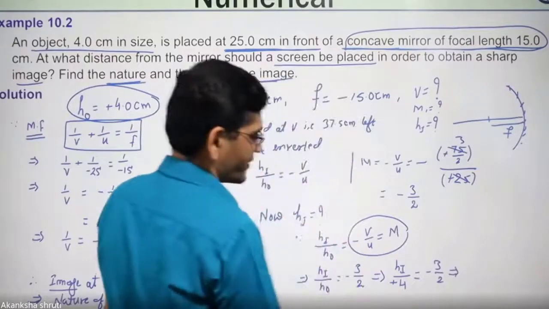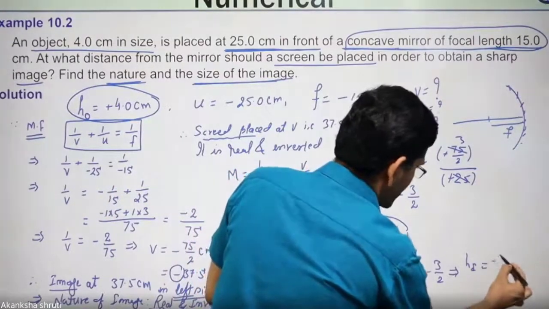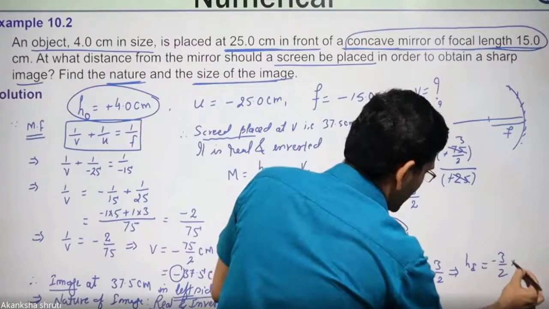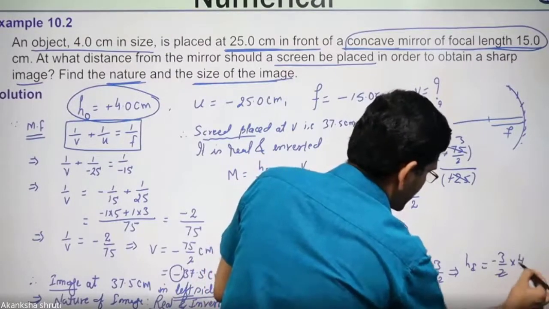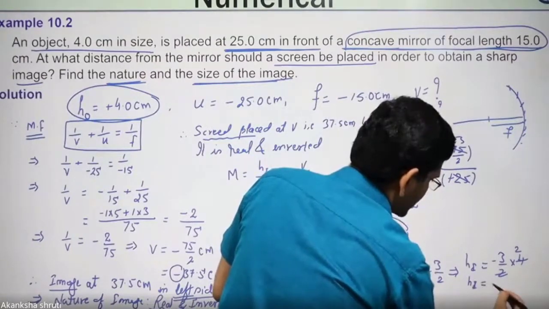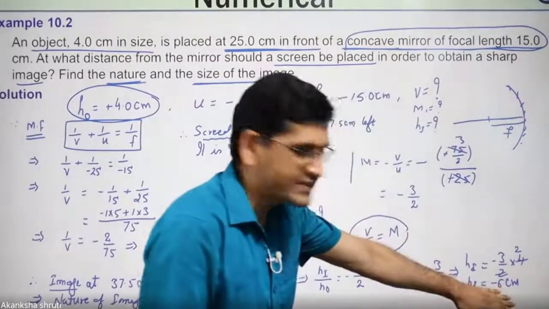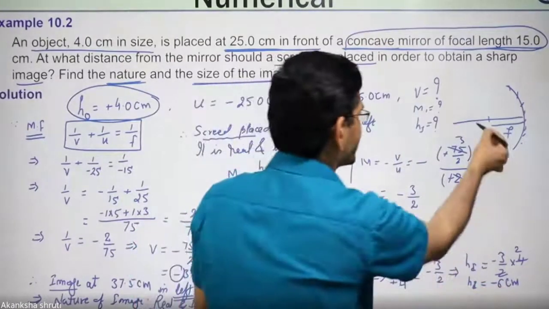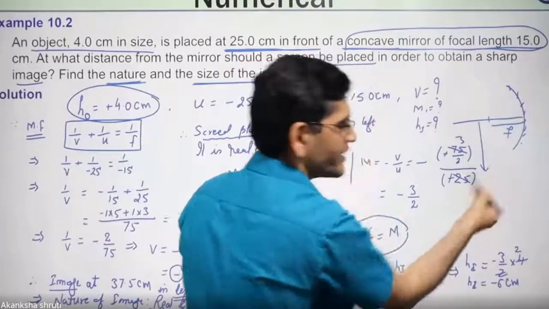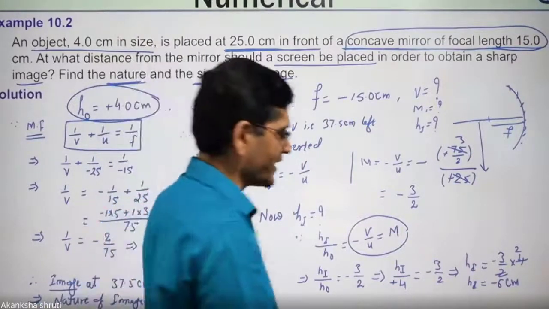Students, from here we can calculate hi is equals to minus of 3 by 2 into 4. You may cancel this. So hi is equals to minus of 6 centimeter. Again, this negative sign indicates that image is inverted, or it is downward the principal axis.